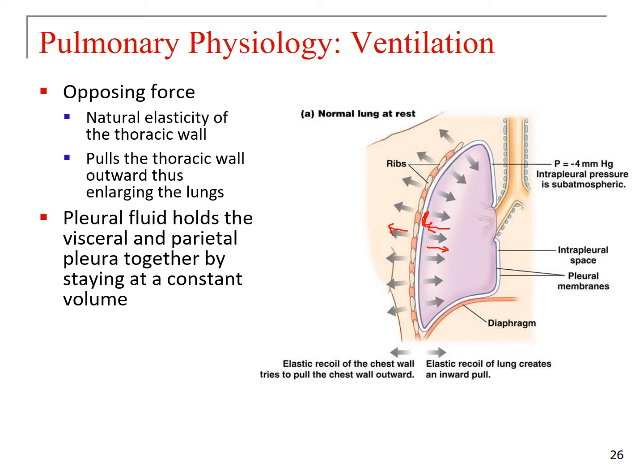So there's something called mechanical coupling, which means that when the thoracic wall moves upward and outward, it's going to drag the pleural cavity along with it, and the pleural cavity will drop in pressure. So it'll momentarily expand the pleural cavity, and that will create a little bit more of a partial vacuum, which will drag the lung tissue out along with it.